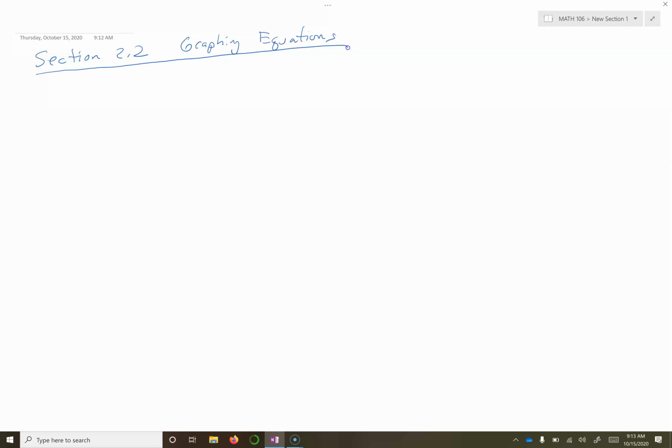I'll just give you a couple ways to determine how to graph some of these things. A lot of times there are equations that you would need to use calculus for, but we're not going to use calculus. What we're going to do is try to get the graphs to look as close to what they look like as possible.